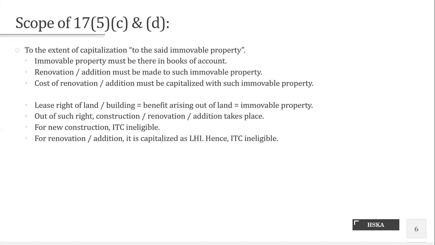But eventually, this is capitalized as leasehold improvements. Can we say it is not capitalized to the said immovable property because that tangible immovable property is not in my books? No. Everything capitalized is not immovable property. Correct. It may be capitalized, but need not be immovable property.